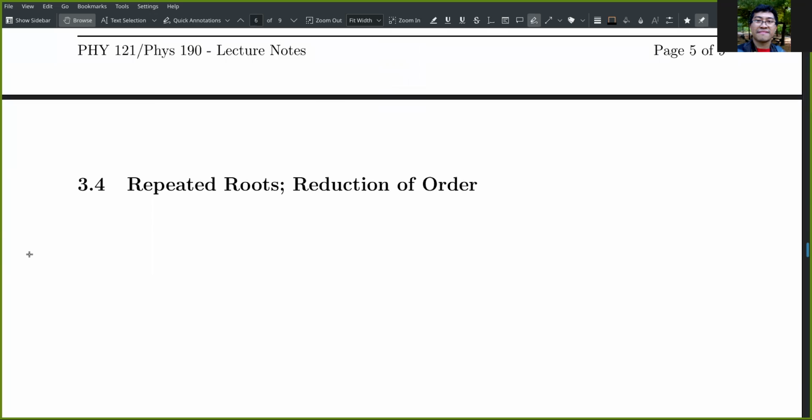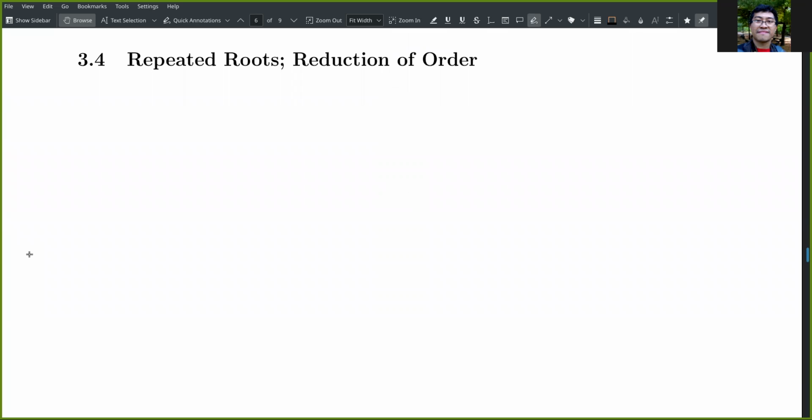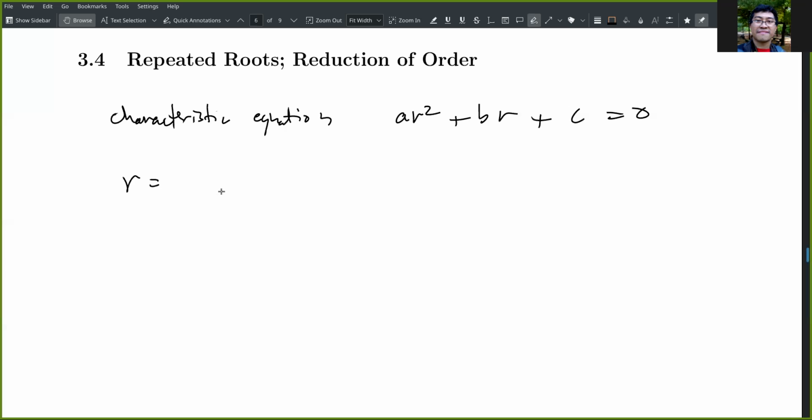Okay, so another case. Again, if you have the characteristic equation ar squared plus br plus c equals 0, the roots are minus b plus or minus square root of b squared minus 4ac over 2a.